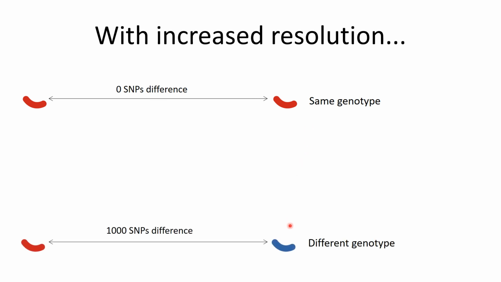We can find another situation, which is we have, again, two patients. We perform whole genome sequencing of the strains that are infecting these patients, and we found 1,000 SNPs difference between those strains.